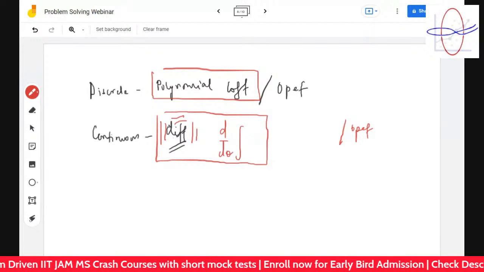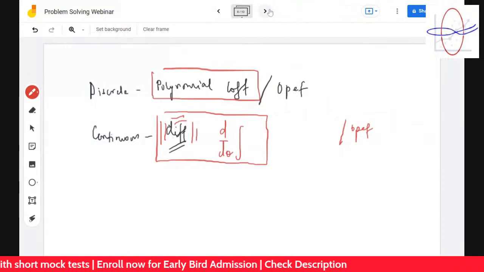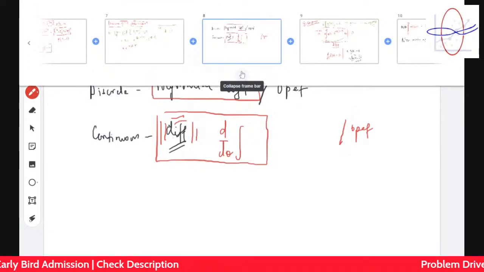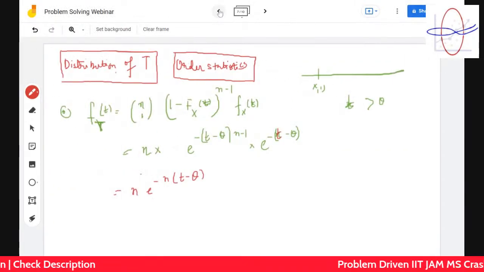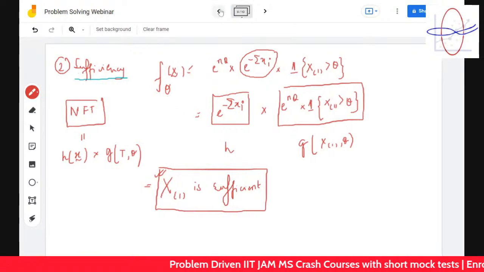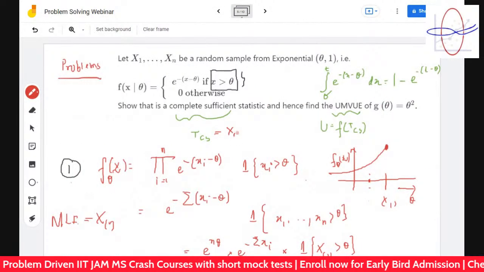Yes. Okay, great. So this is the basic idea, and therefore we get this T, complete sufficient, is nothing but x1. You see the steps we are doing; I am doing the full steps of this problem.